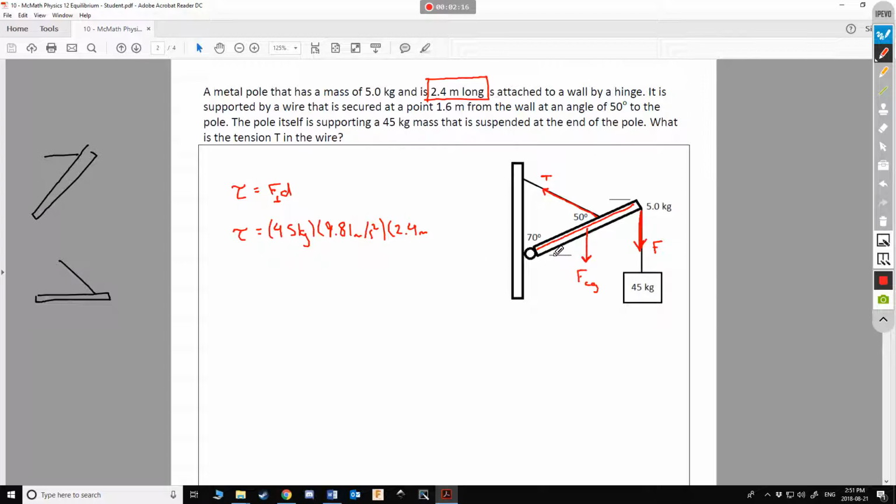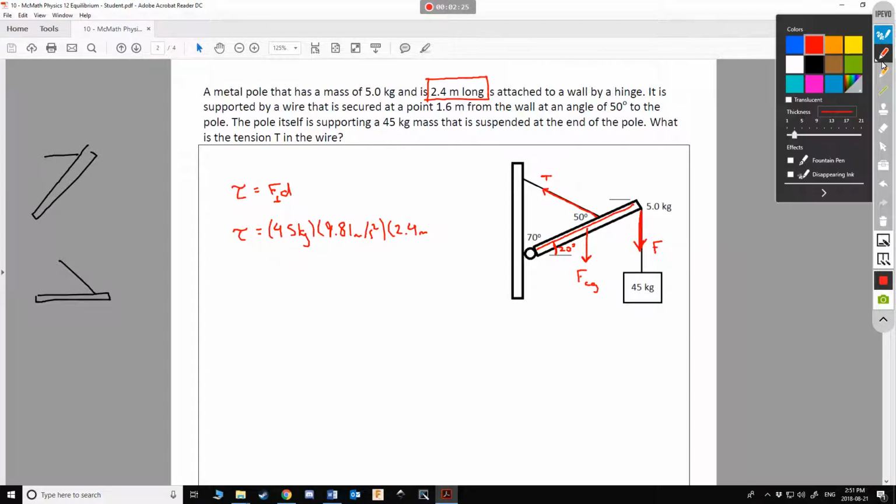So how I'm going to do that, I'm going to draw an angle, because I know it's 70 degrees and this other angle is 20 degrees. So we need to find this distance, just the distance from here to here, because that distance, this blue line I'm drawing, is the perpendicular distance to that force.